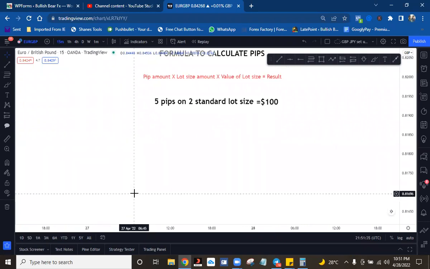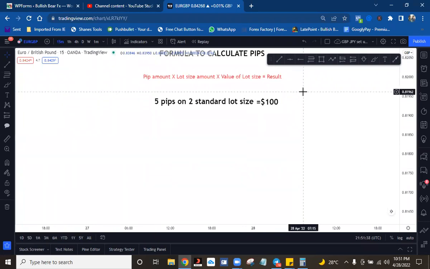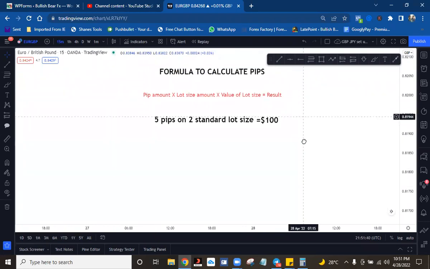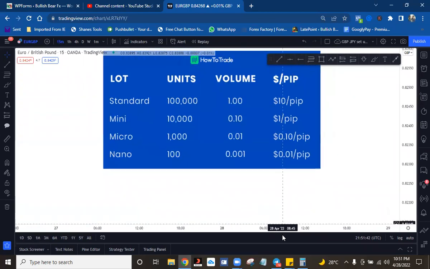All right. So the value of the pip simply means how much dollar per that pip. That's the value of the pip.